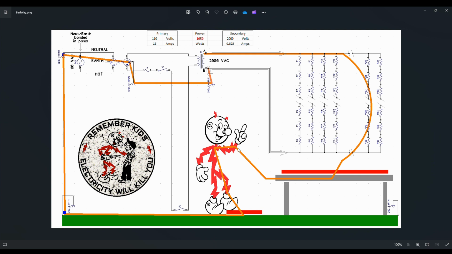And if you happen to be close enough to touch that table, into you, it can find its way through protective gloves, if the gloves aren't rated to voltage or aren't in good condition. It can find its way through protective footwear if it's not appropriate, or not in the condition it was designed to be used in. In other words, wet.